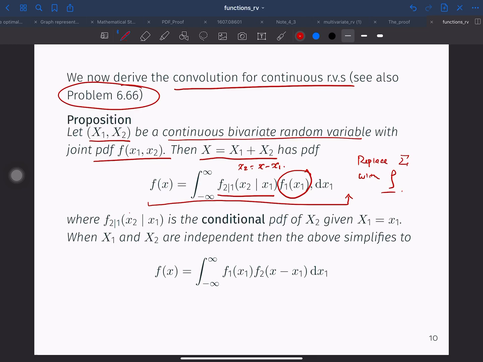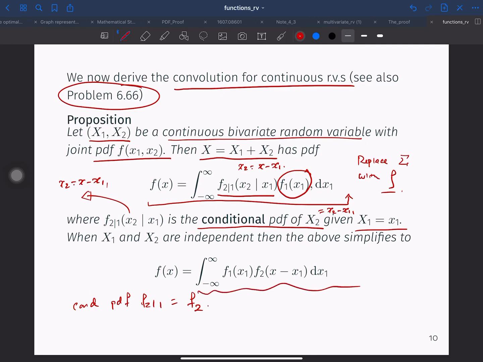So here, this is the conditional PDF of X2 equal to x minus x1 given X1 equal to x1. In the case when X1 and X2 are independent random variables, the conditional PDF f2 given 1 is the same as the marginal PDF f2.